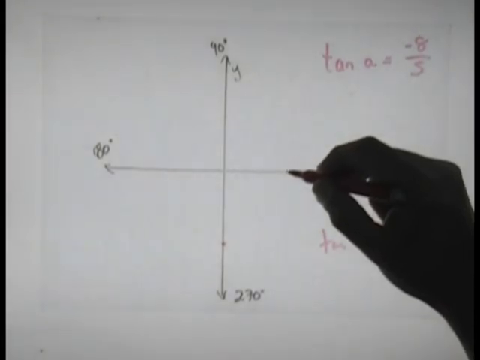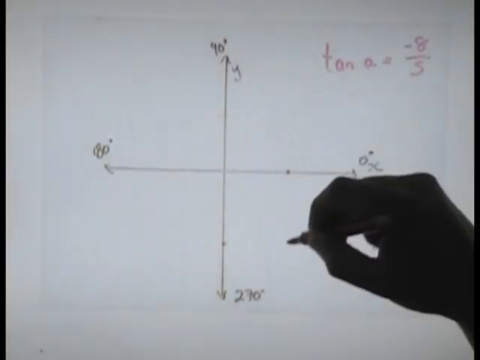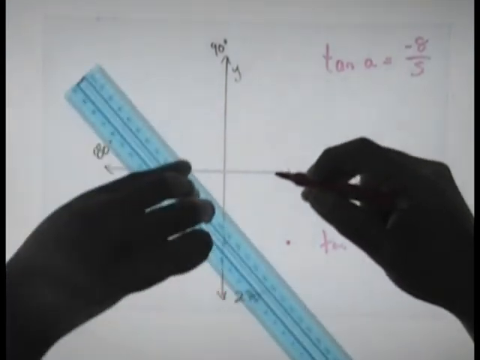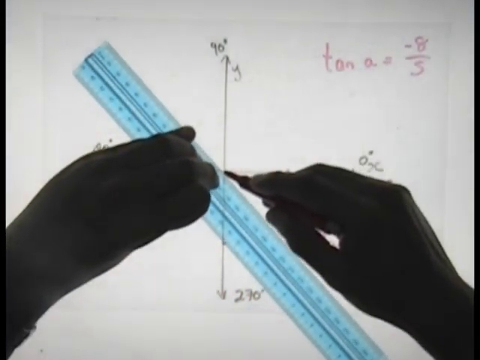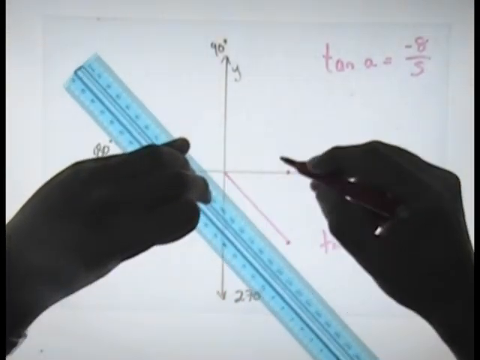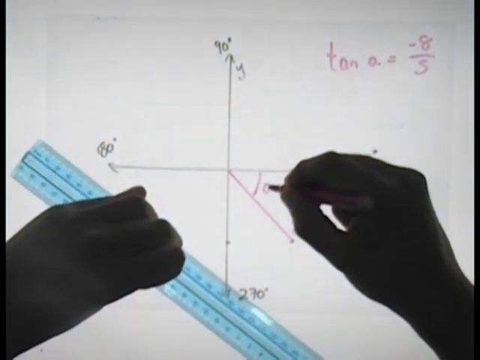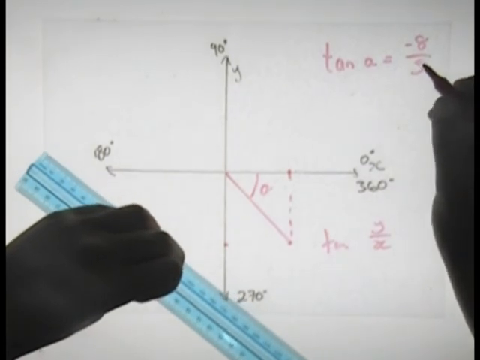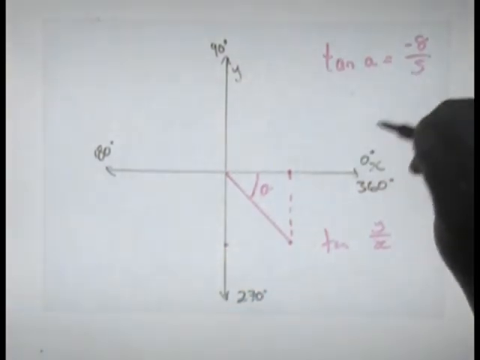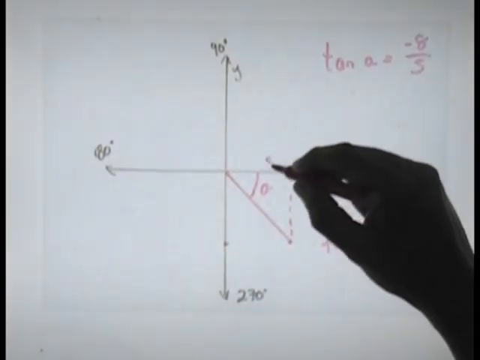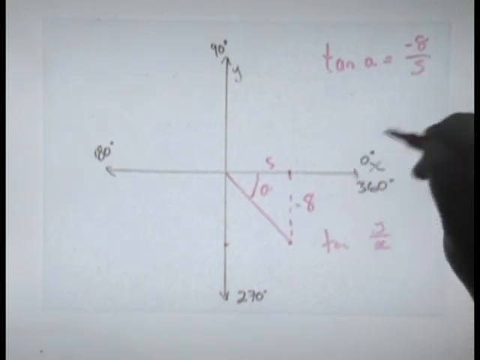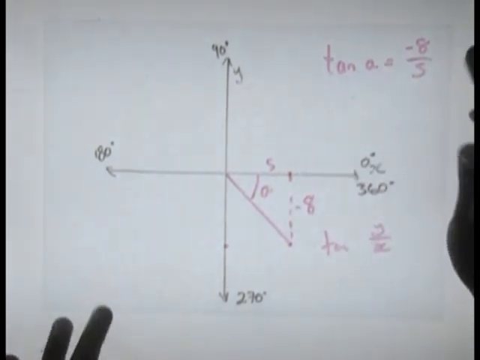So that would be somewhere over there. That means that A would be this angle over here, where x is equal to 5 and y is equal to negative 8.